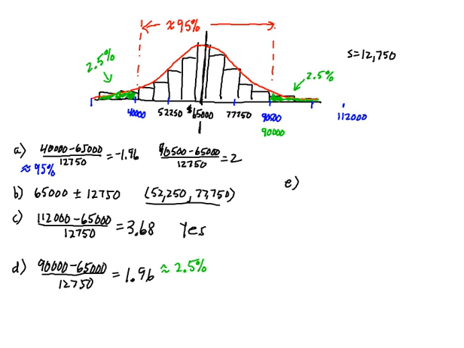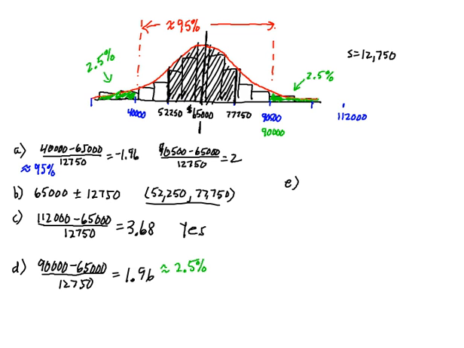Let's look at the 68%. 68% of the values would be within 1 standard deviation of the mean. So if I think of all the home prices between the 52,250 and the 77,750, the empirical rule will say that's approximately 68% of the values.